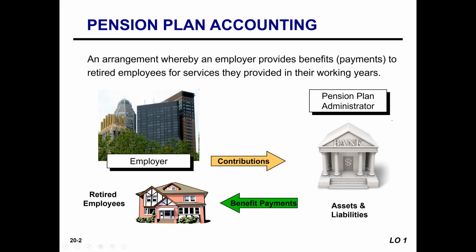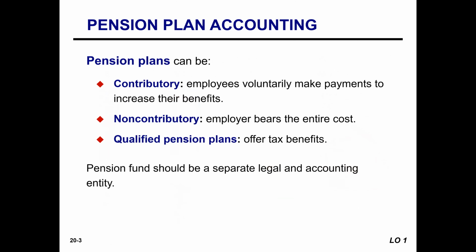So assets from the money that's paid in by the employer, and liabilities from what is actually due to the employees, or the pension obligation. And then once that employee retires, those benefit payments go to the employees. So that's what we're going to be looking at overall here.